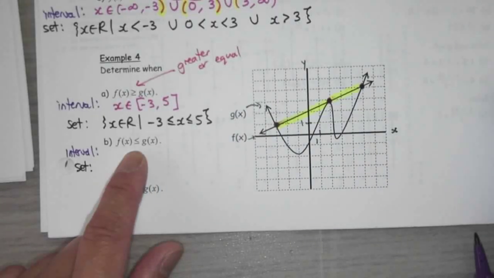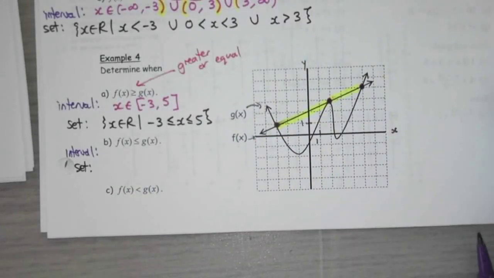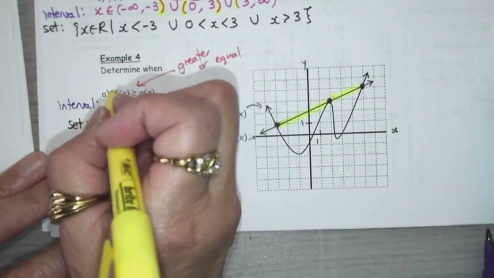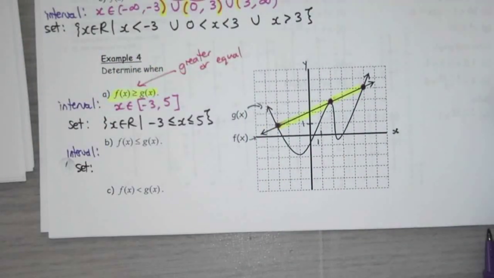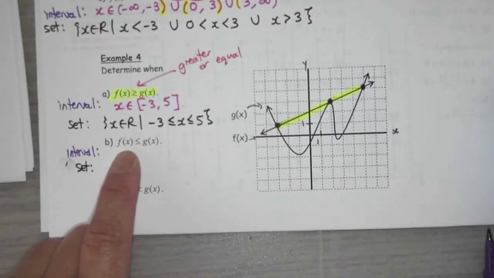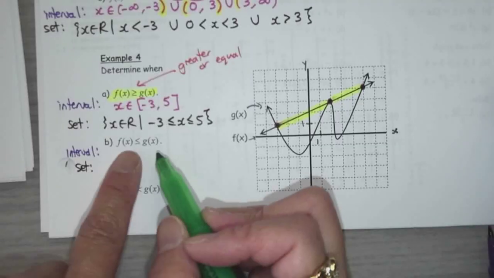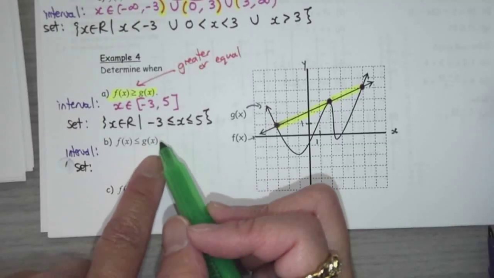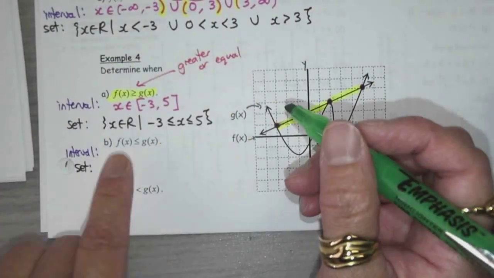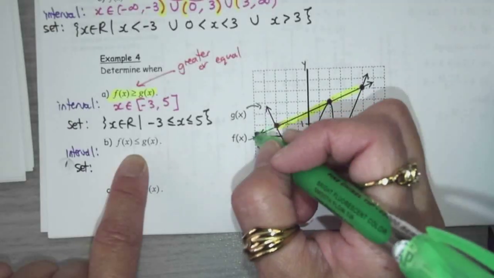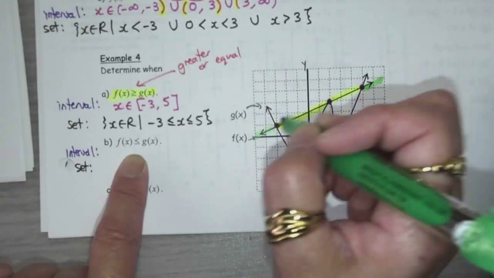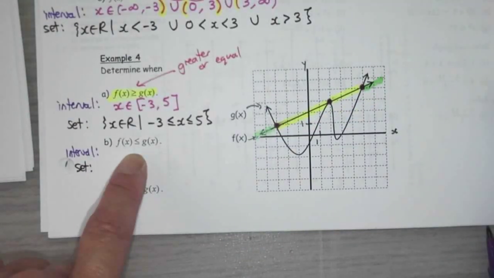The question here is the yellow I highlighted, and I'm going to do green here. When is the line below the polynomial, or you can say when is the polynomial above the line? And I see a below here and here, and then go back and do the equals as a separate question.